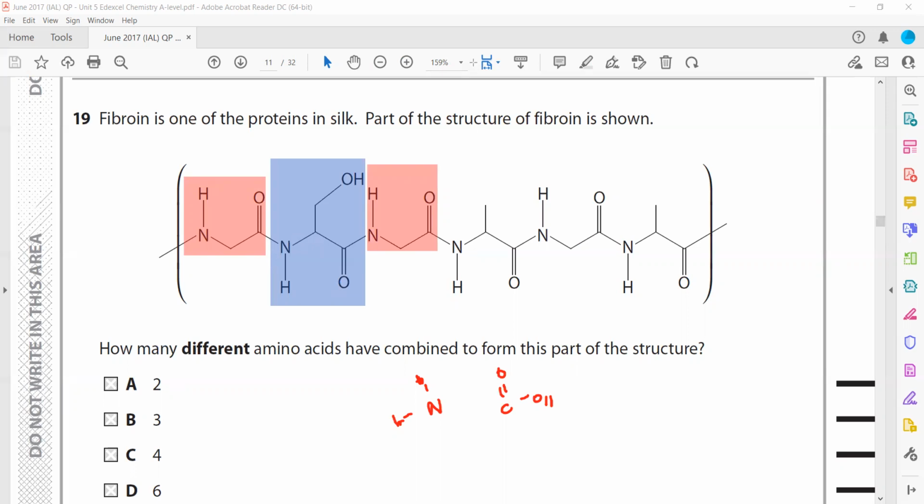So this looks like a new, different one. And then we have NH and CO. And then this NH matches with. So how many different types of amino acid structure do you see? So actually it is 1, 2, and 3. So B should be the right answer.